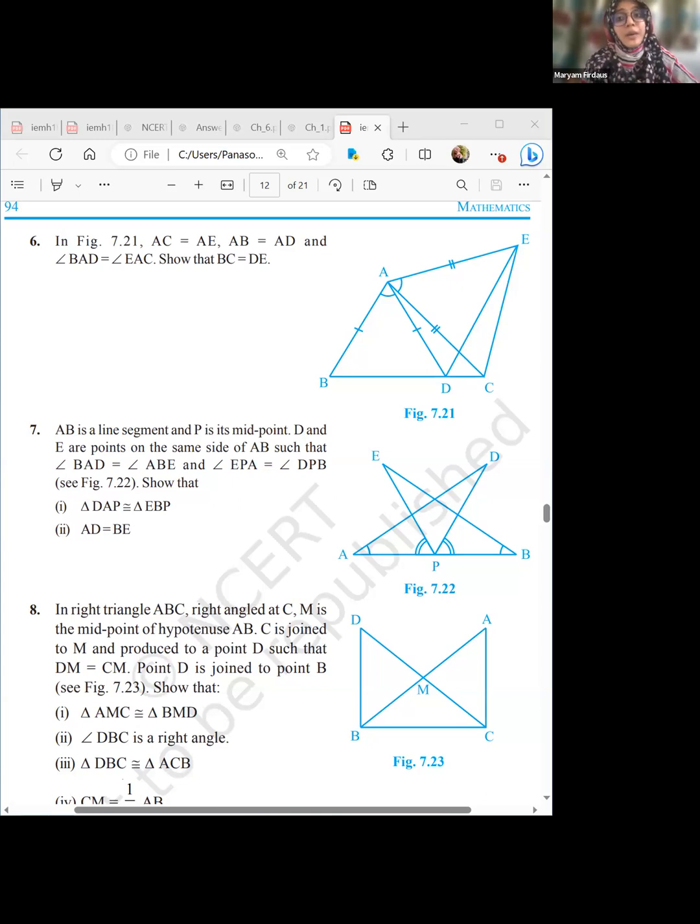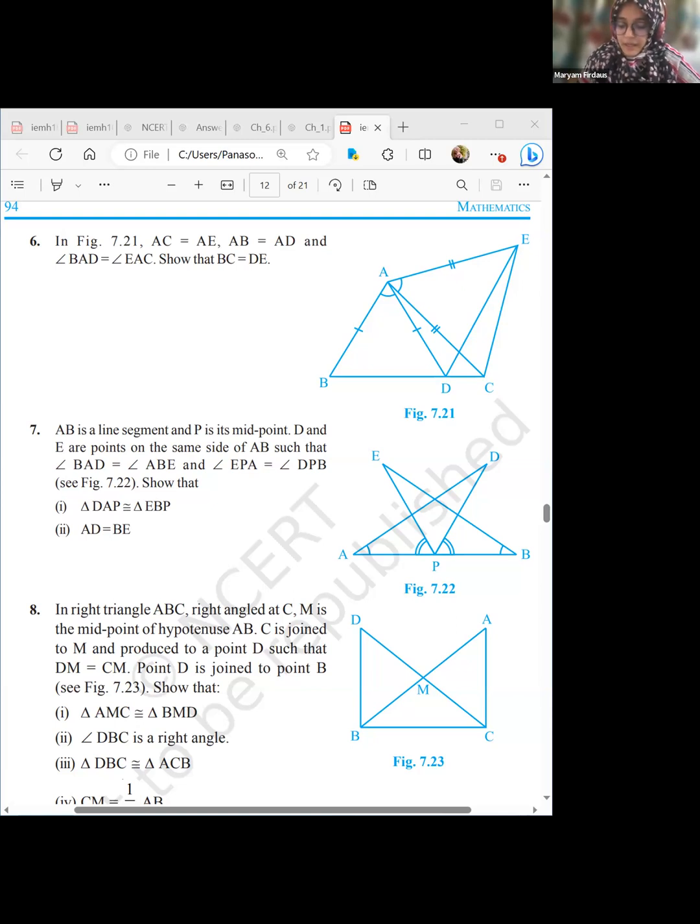Instead, what is given to us, Munir? We are given that BAD is equal to EAC. So we can do one tiny thing. We can take this middle angle, which is angle DAC, and call it X for simplicity's sake.